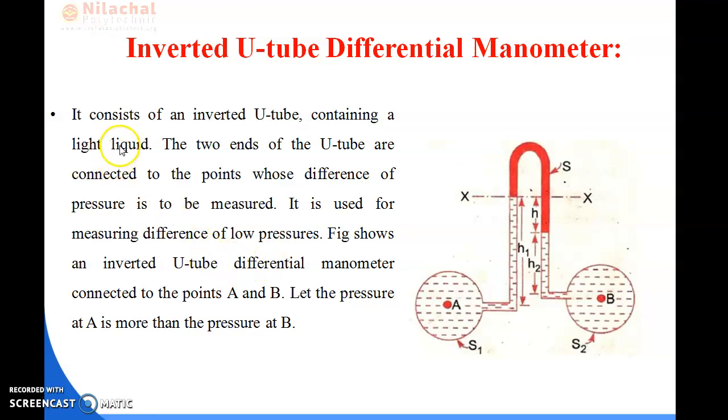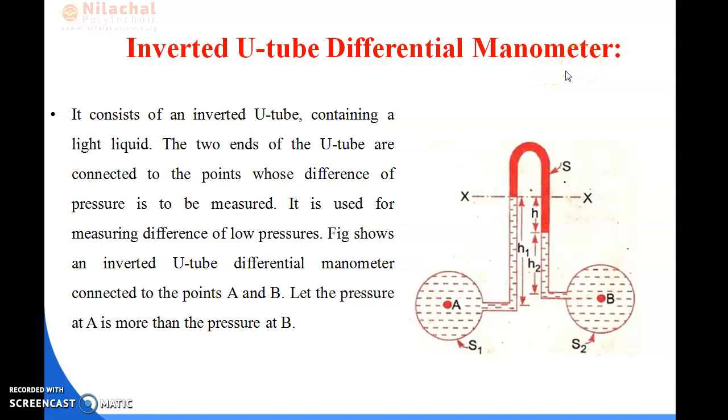Next is the inverted U-tube differential manometer. This is the second type of differential manometer. In the U-tube differential manometer, you are calculating the value above atmospheric pressure. But when you are going to calculate below atmospheric pressure, meaning vacuum pressure, at that time you will use the inverted U-tube differential manometer.